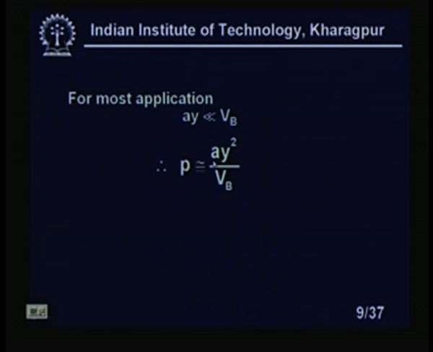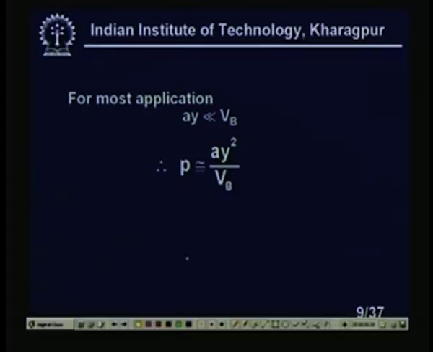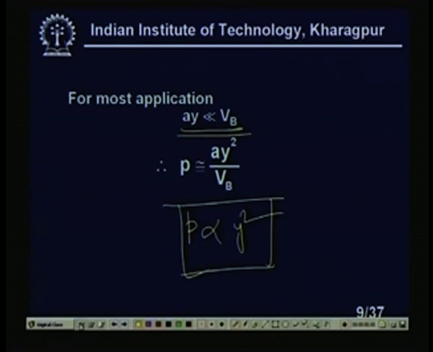You see A, the area of cross section, is constant, and Vb, the volume of the bulb and capillary up to the opening of this McLeod gauge, is also constant. So, P is directly proportional to y square, so it is not a linear instrument. With this approximation we will obviously introduce some error, because we have approximated, right.